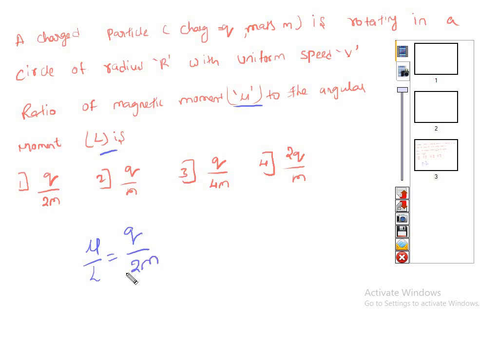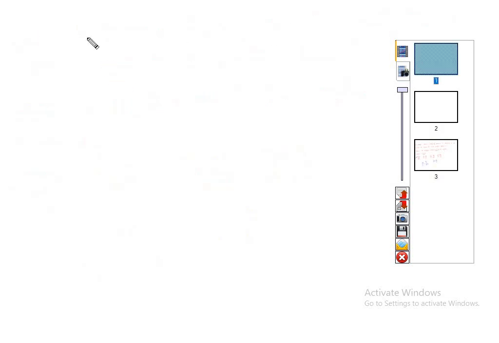So the condition is mu by L is equal to q by 2m. So we have a standard concept. If you want to discuss in detail, gamma is equal to mu by L. This is the ratio of magnetic moment to the angular momentum.